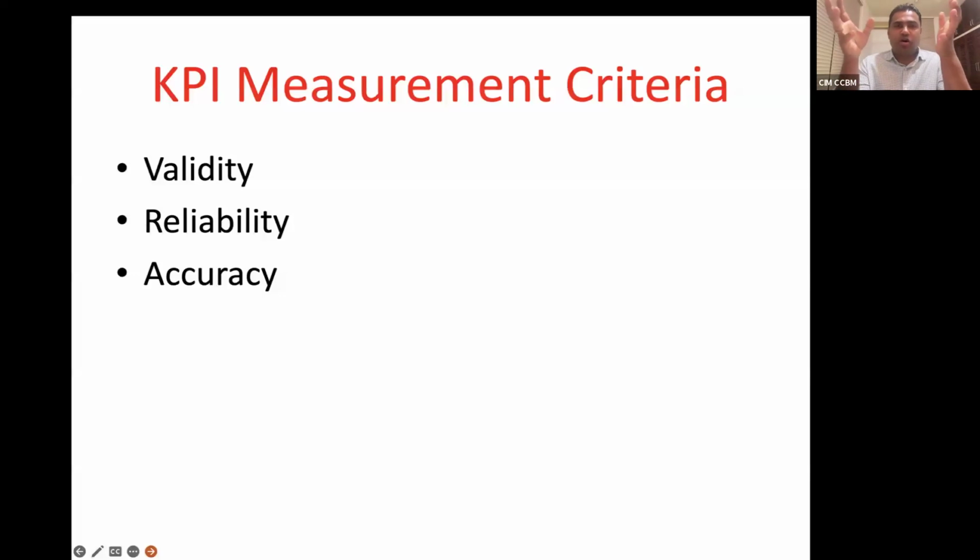When you run or walk, you measure the number of calories you burn, the time you're walking or running, the speed, average speed per minute. You look at your heart rate. All these are measures. If you measure things, then you have a goal. If you don't measure things, you don't have a goal and you'll not get it done. So these measures must be valid, reliable, and accurate.